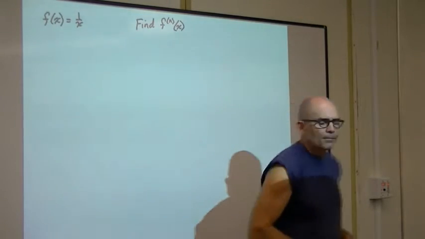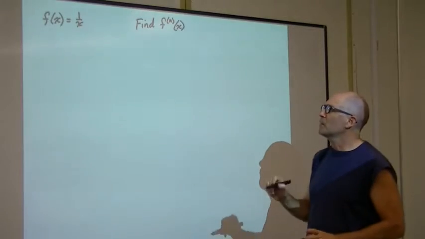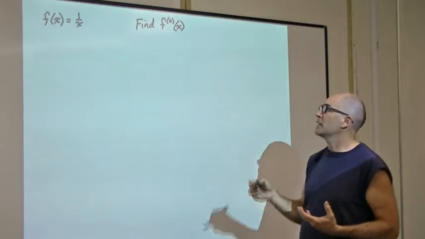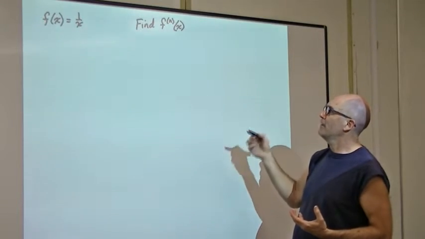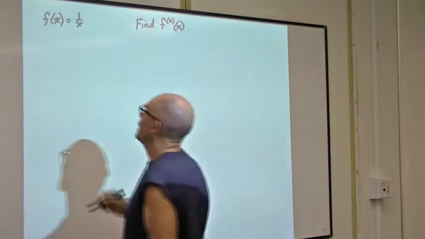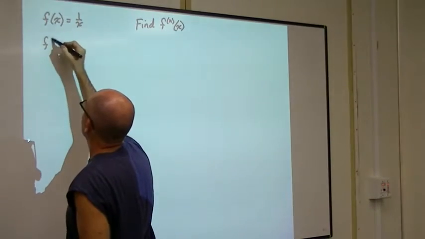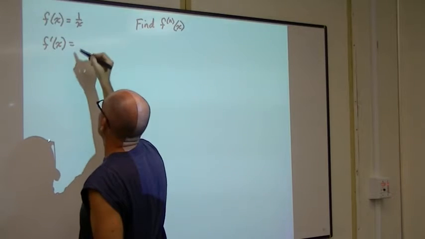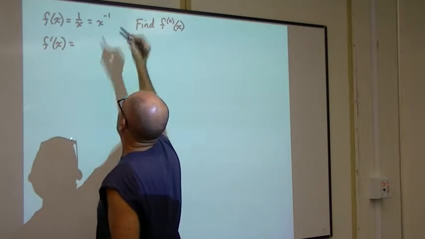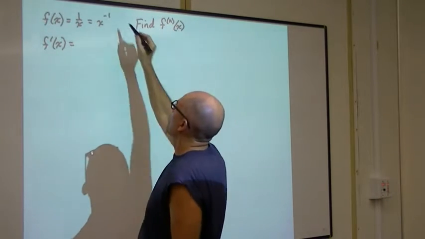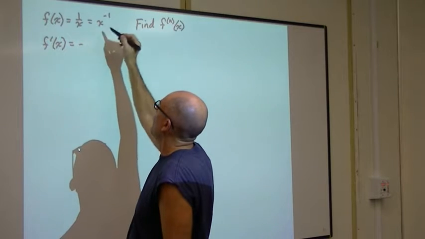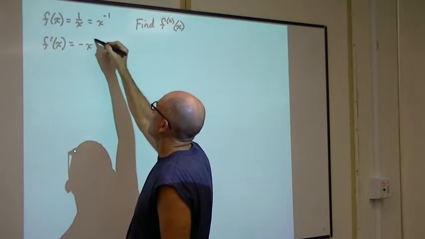All right, now, we've got f of x equals 1 over x, and we want to find the nth derivative of x, f of n of x. So let's find our first derivative first. So f prime of x equals, well, to make it simpler, let's just make this x to the negative 1. So now f prime of x is going to be negative 1 x to the negative 2.